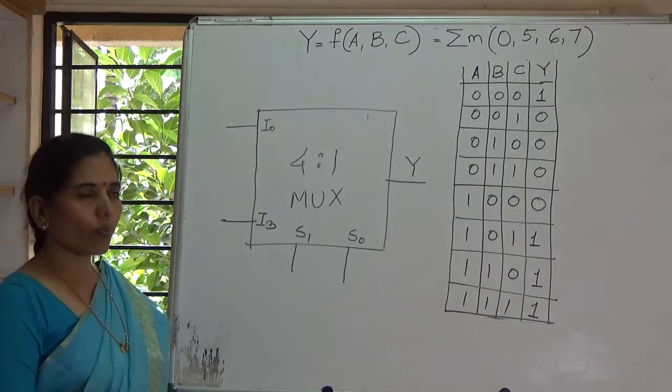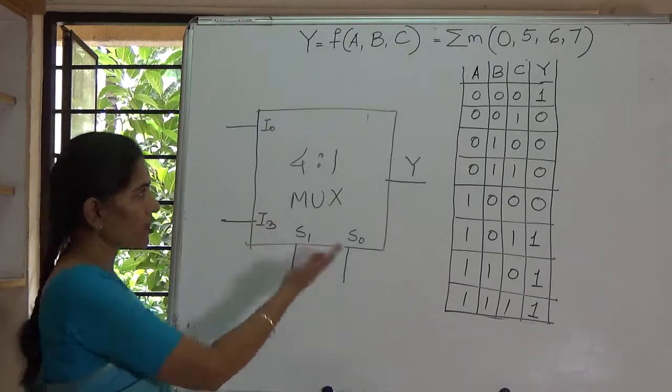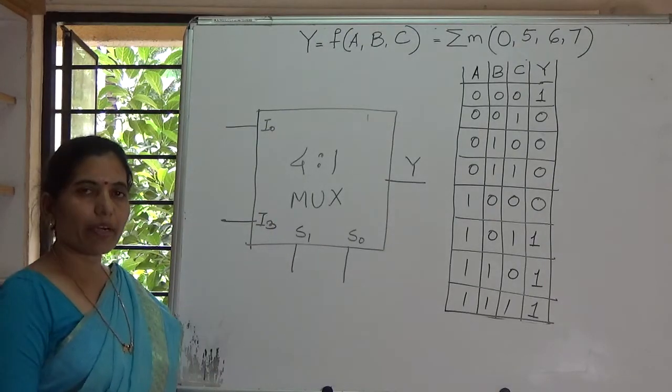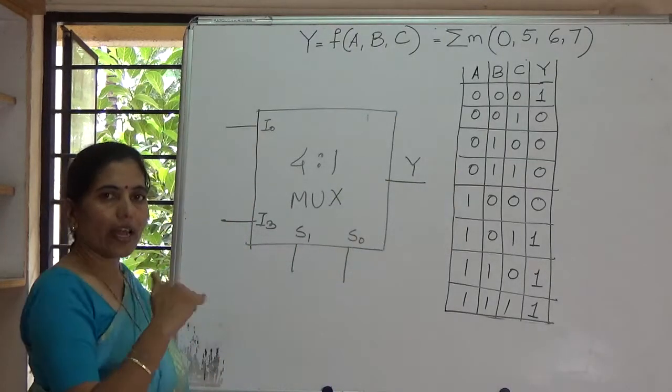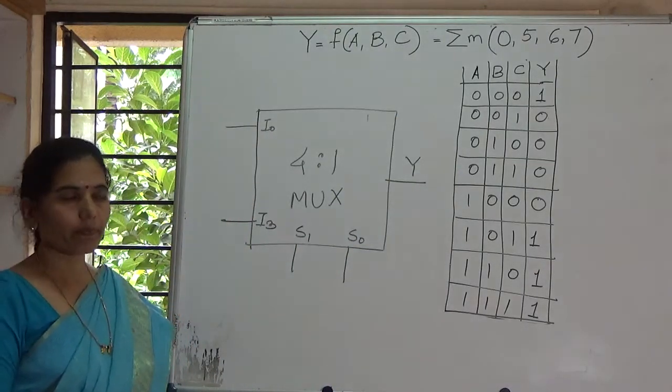So how can we accommodate the third input in this particular implementation so that all 8 possible combinations are covered as well as the third input is also covered?